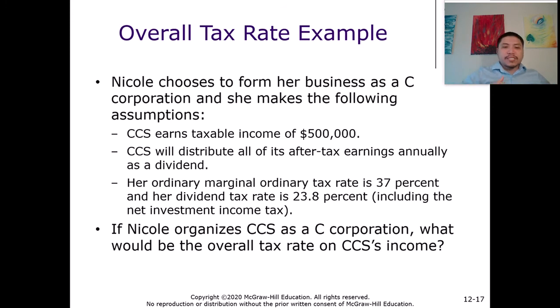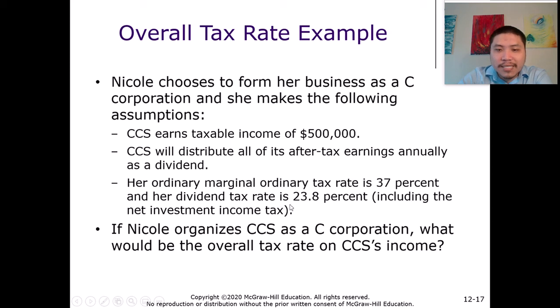So let's look at this example. Say Nicole chooses to form her business as a C corporation, and she makes the following assumptions: CCS earned taxable income of $500,000. CCS will distribute all of its after-tax earnings annually as dividends. Her marginal ordinary tax rate is 37%.